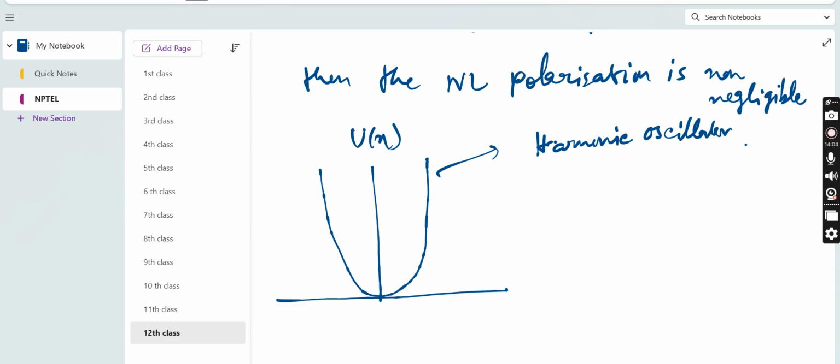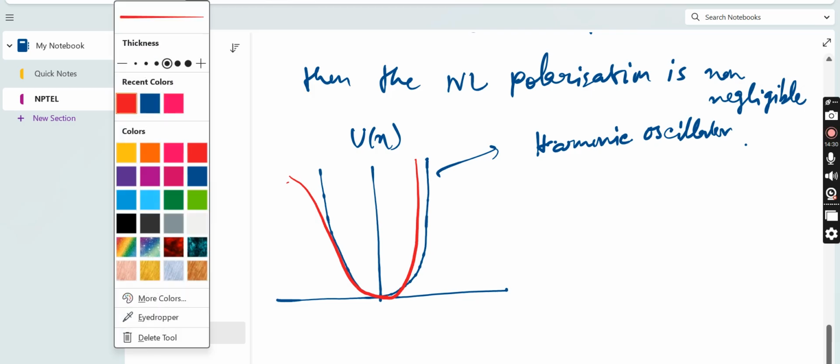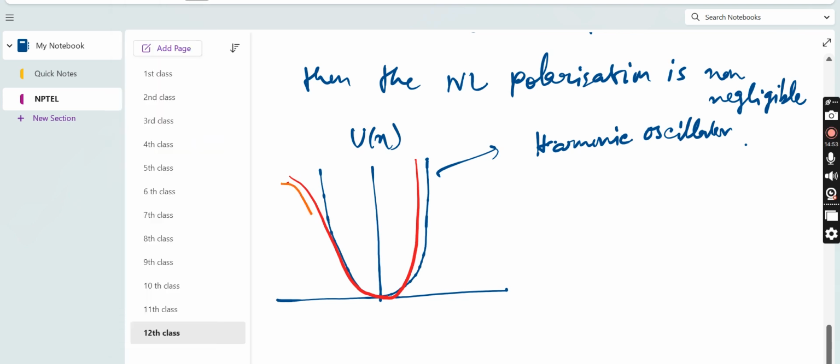But if the potential became like this, or something like this, then they are not harmonic oscillators anymore.